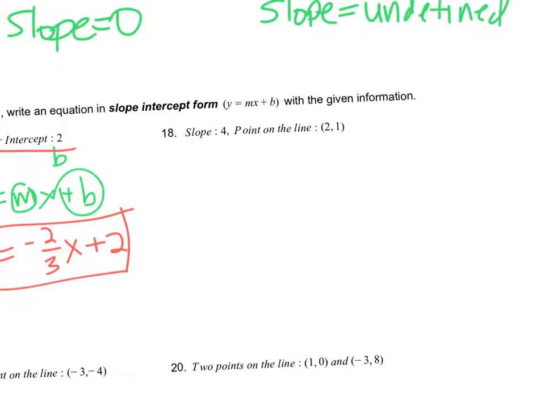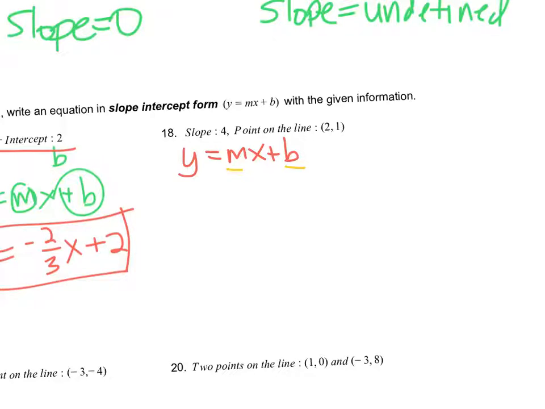I'm going to do this the way I typically do it in class, but then I'll do a different method on the next question to show another way. What I like to do is think of this as a puzzle. I have an equation, y equals mx plus b, and to solve this puzzle, I need to find m and I need to find b.